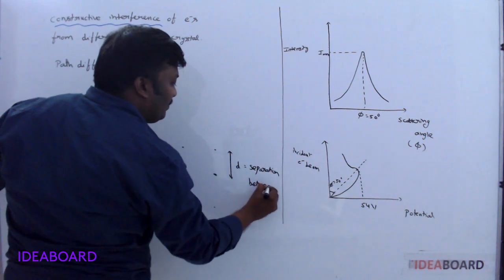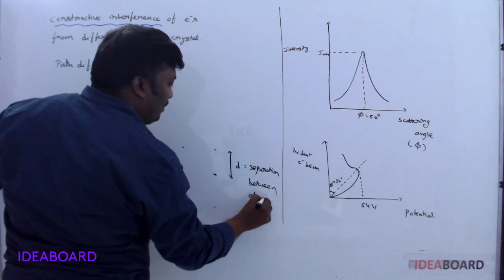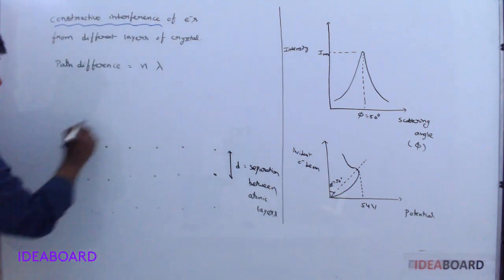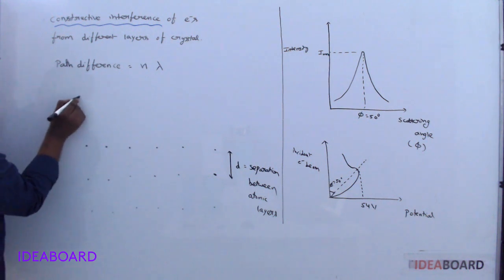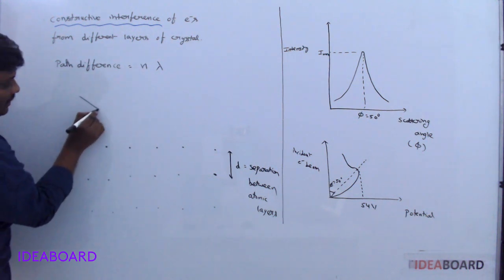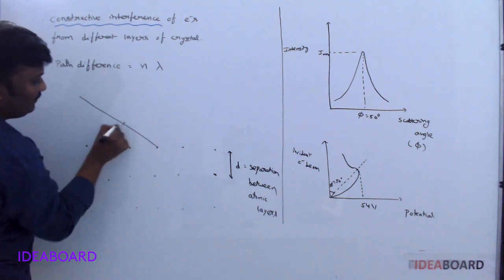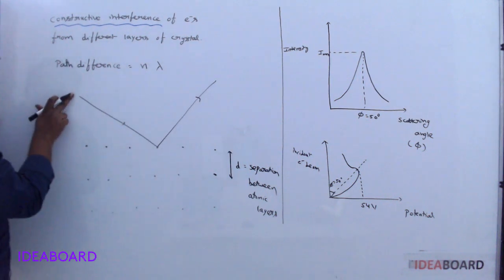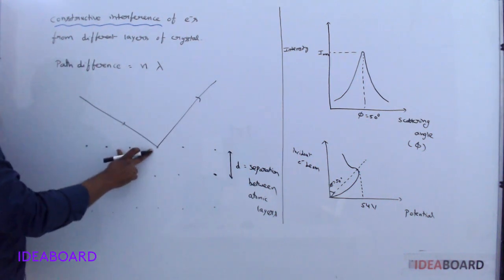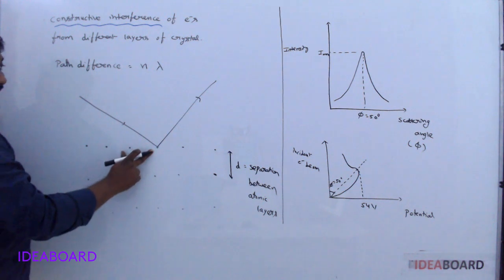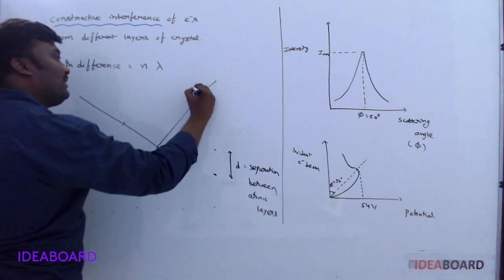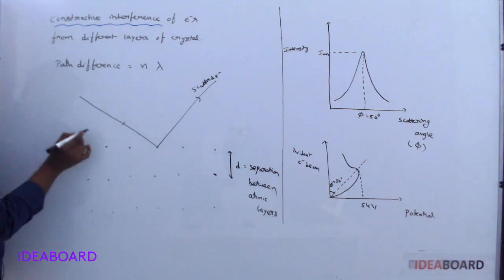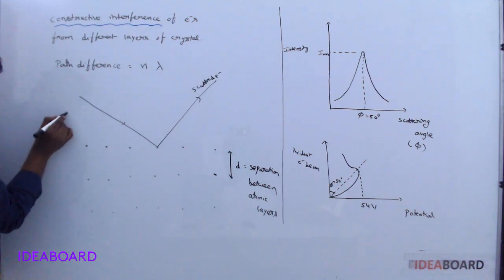Now the electrons are incident on the nickel crystal and they are scattered. So these are the scattered electrons. Okay, I am considering another electron.